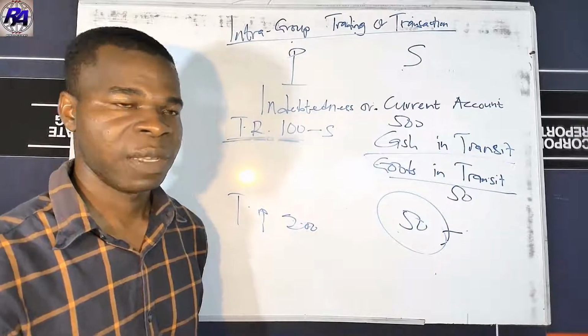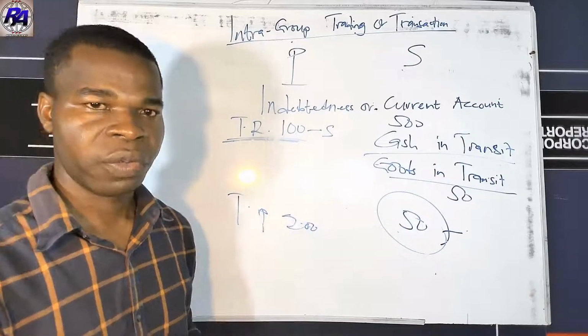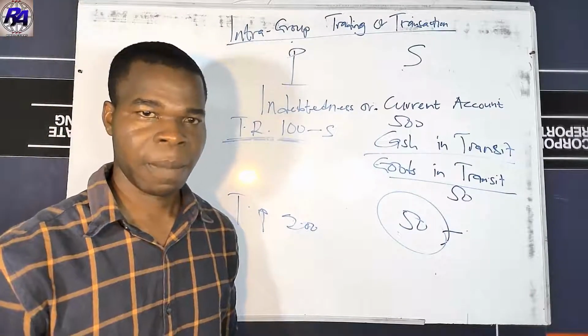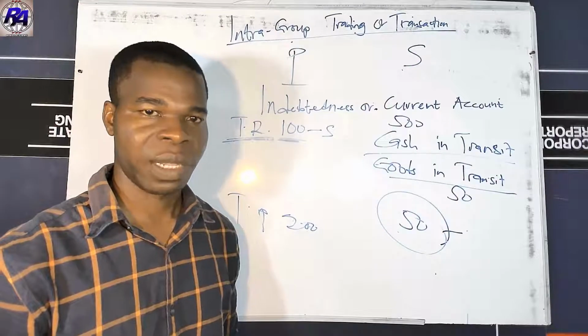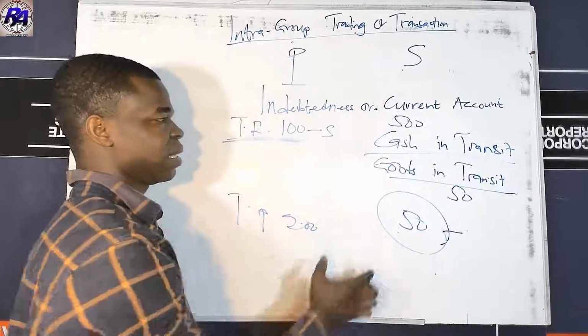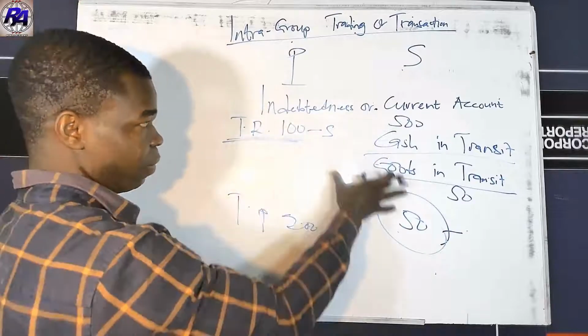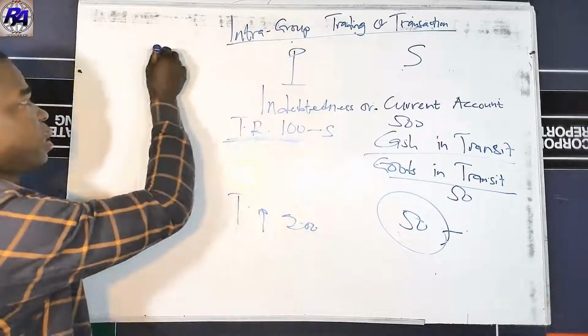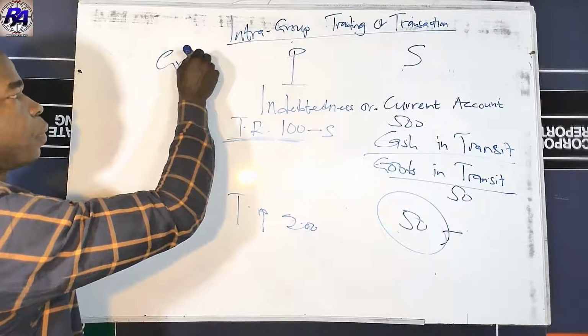Now that we know what gives rise to these two phenomena, we want to look at how to treat them, including their journal entries. Anytime there is a cash in transit, when you are preparing, let's assume this is going to be our group account over here.